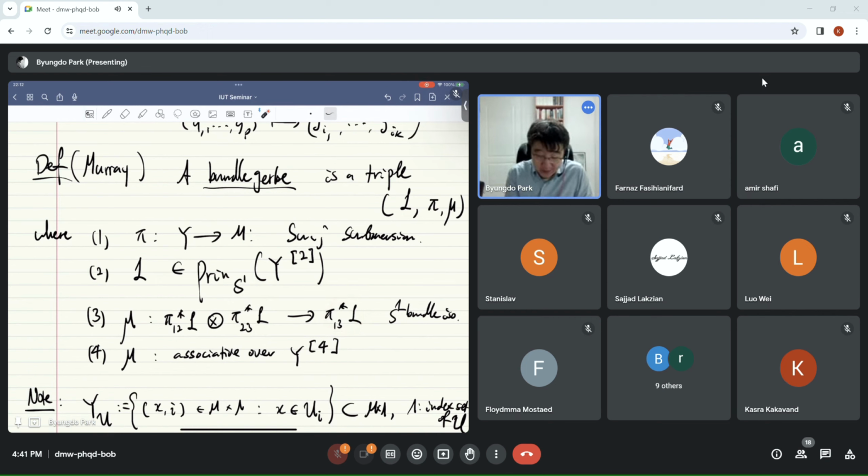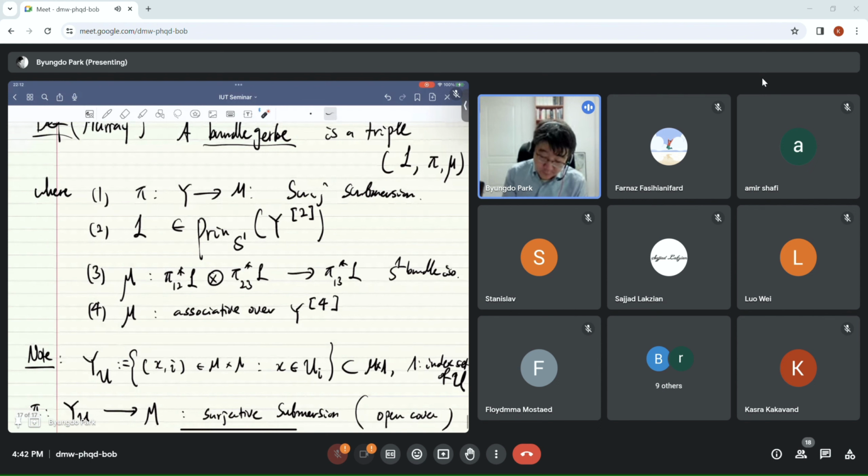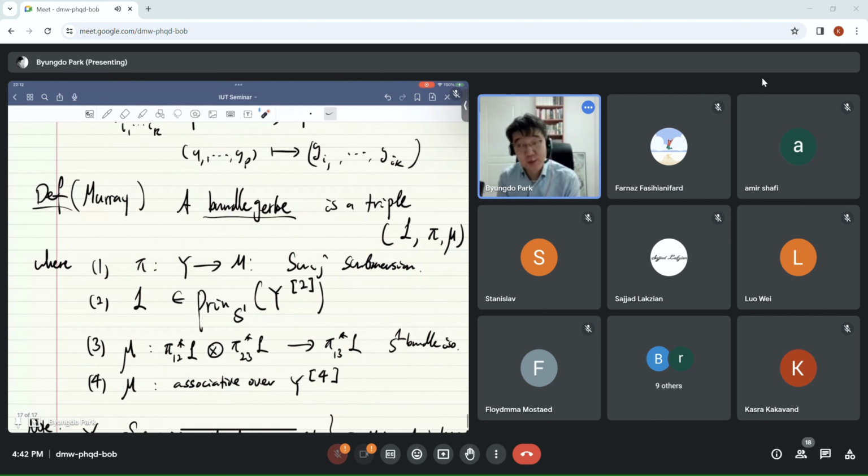If you tensor the two fibers, there is this isomorphism, and then over the quadruple overlap, you require it to satisfy the associative condition. So that's a bundle gerbe.